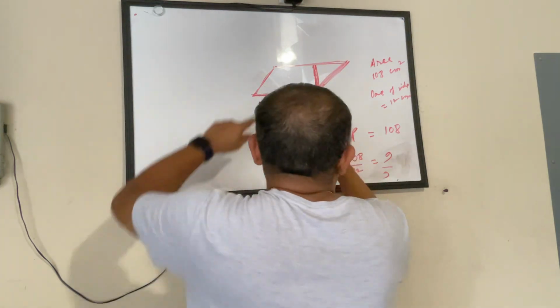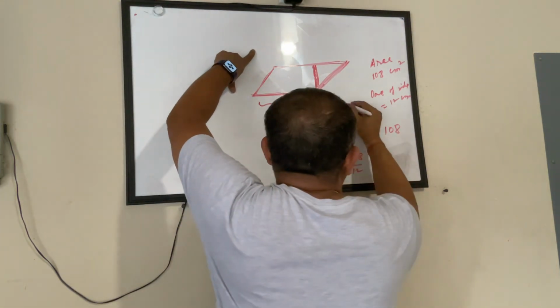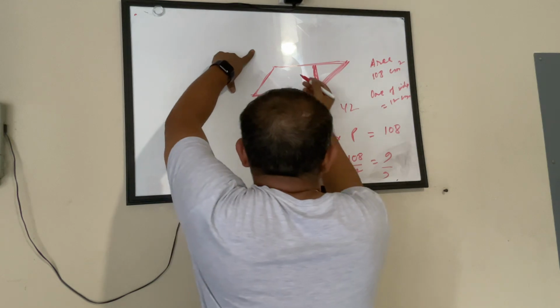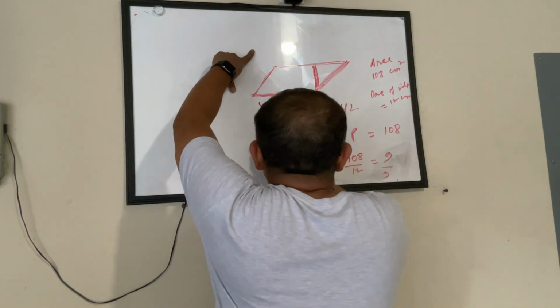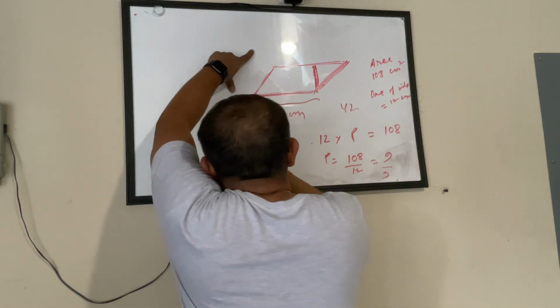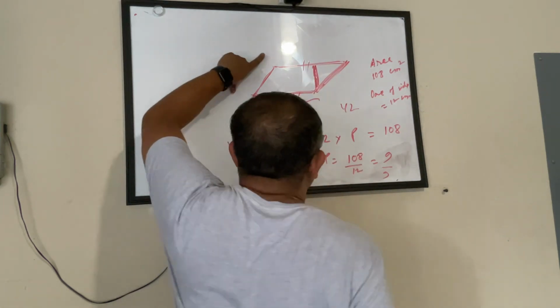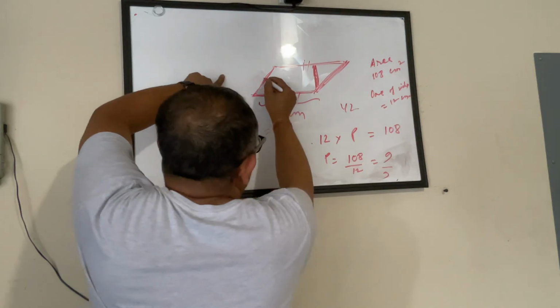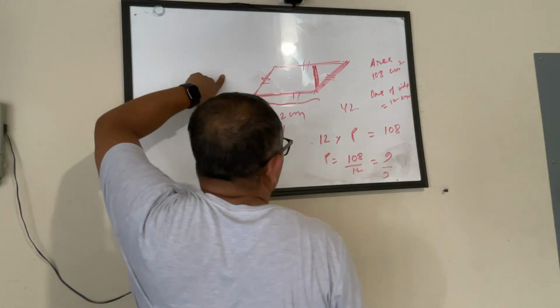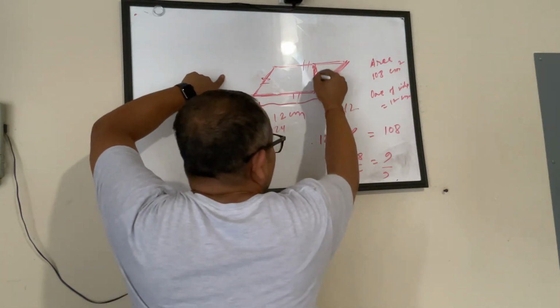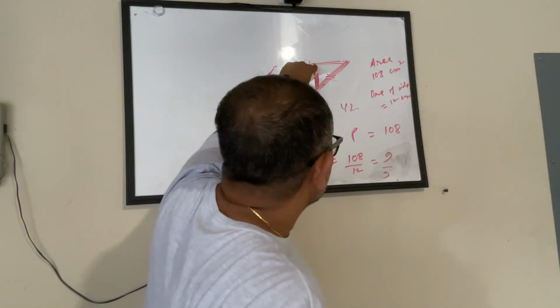See, 42 holds true if this length and this length is fine. 12 plus 12, 24. These two sides are fine. Now, I am trying to find out this side and this side.